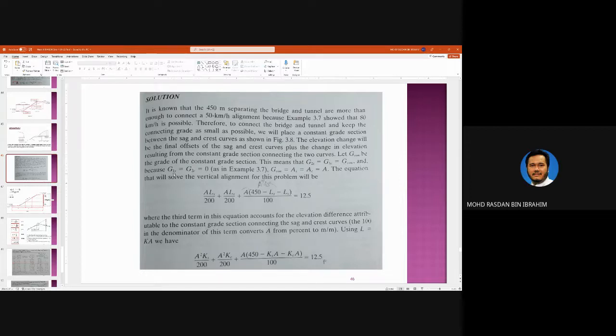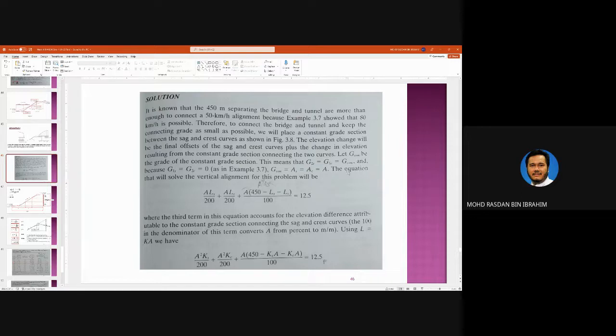So now we know G1 for the sag curve and G2 for the crest curve equal 0. And for G connecting, the value of A for the sag and A for the crest, the common A value here is the same. You only have one common A value.